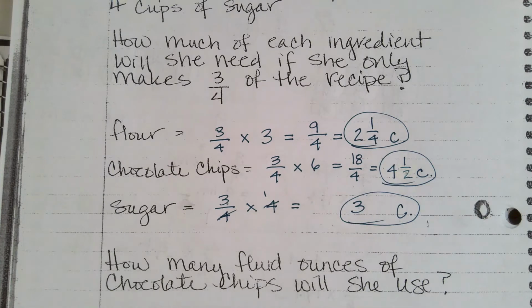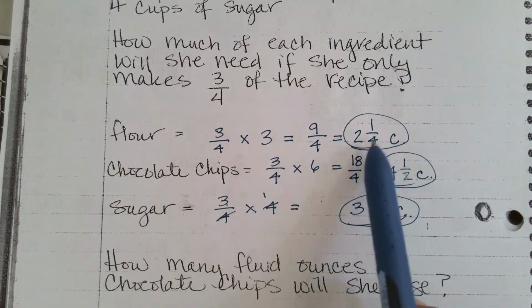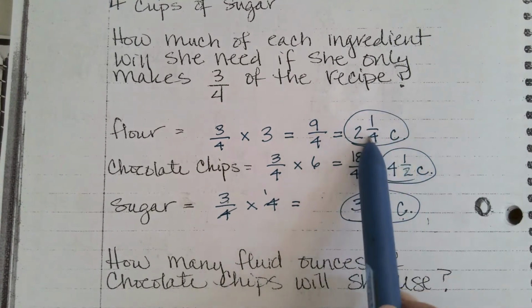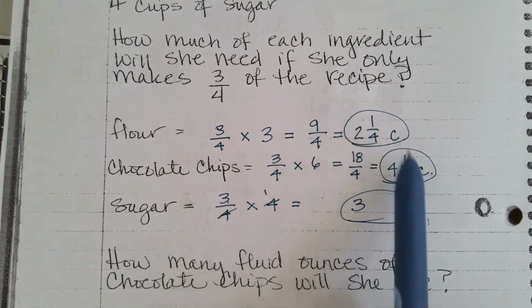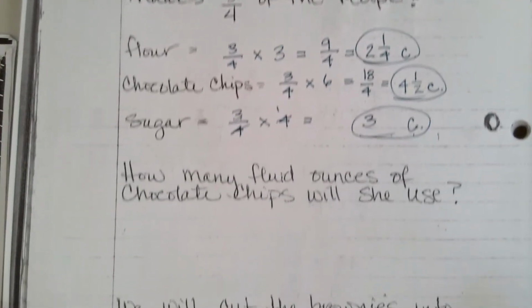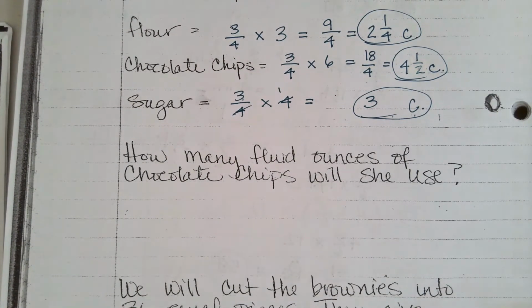All right, how did you do on your multiplication? Notice I make sure that the cup is designated next to it and I circle my answer because these are the 3 answers that you need to show. All right, next, how many fluid ounces of chocolate chips will she use?